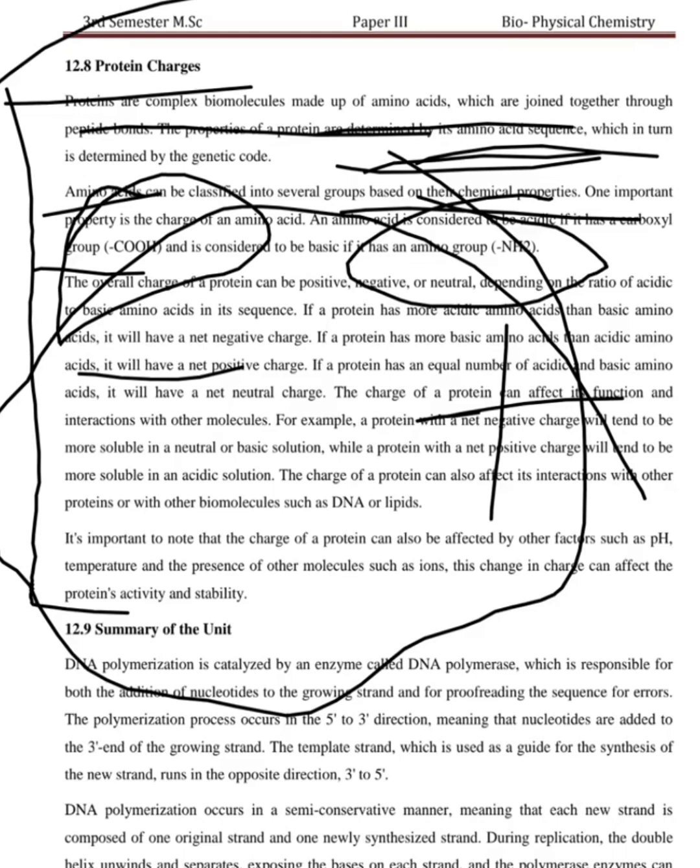It is important to identify the charges in a protein because the charge of a protein can be affected by factors such as pH, temperature, and the presence of other molecules such as ions. This change in charge can affect the protein's activity.